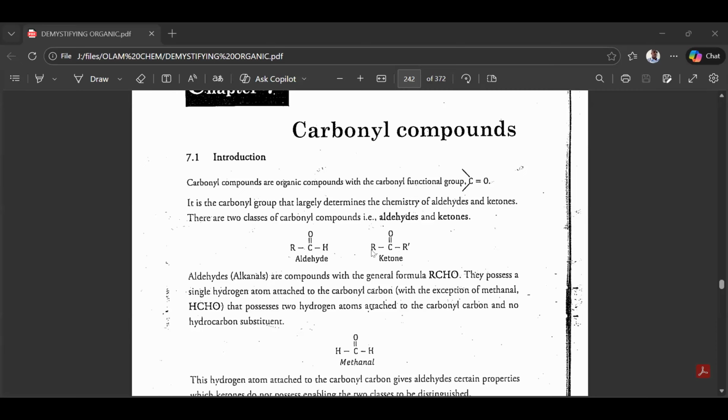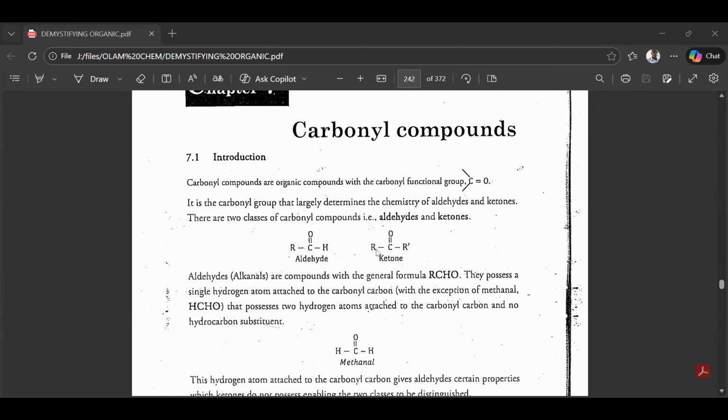When you see this structure of the ketone, the R groups indicate either alkyl groups or aryl groups. For example, this R can be CH3, CH2, this R can be CH3, this R can be a benzene ring, but they are not hydrogen atoms. They are just alkyl groups or aryl groups.